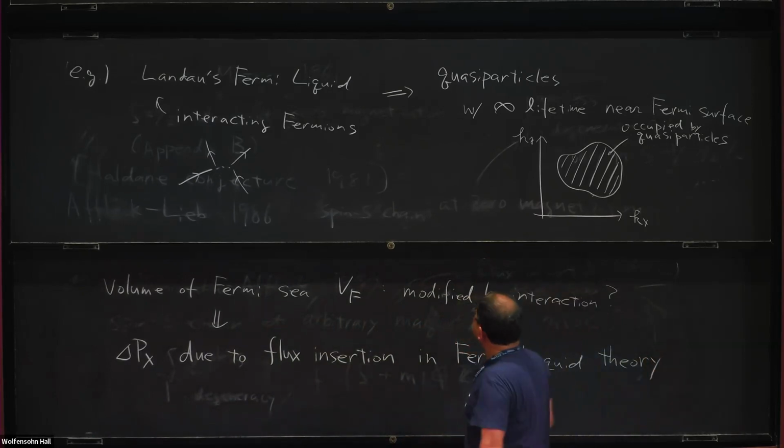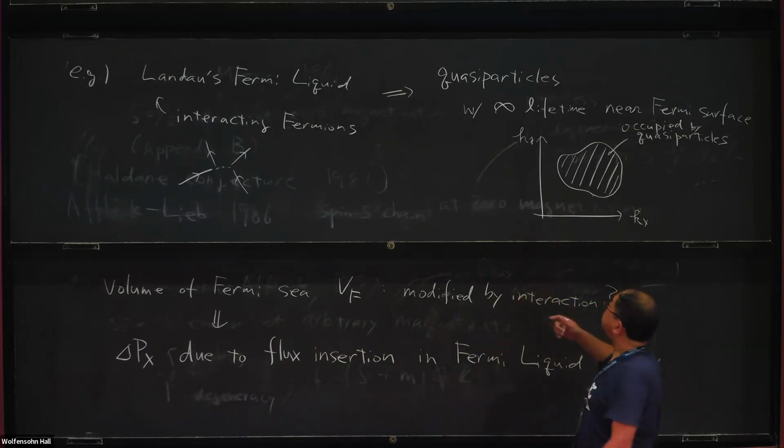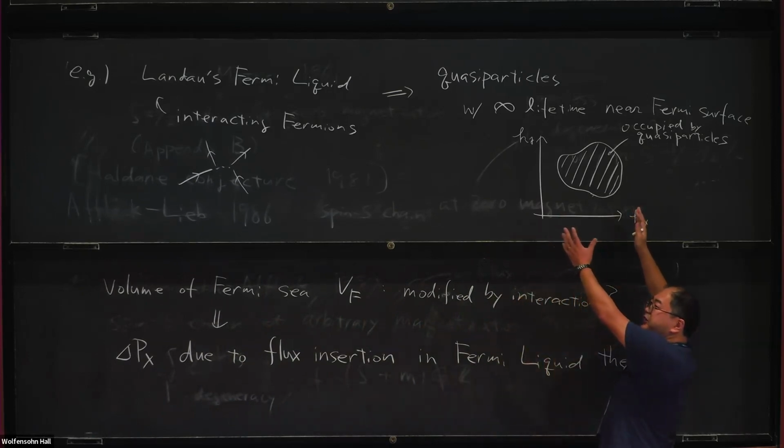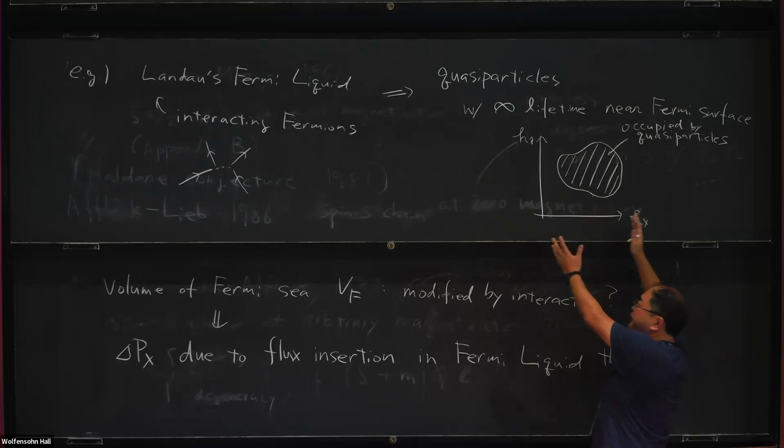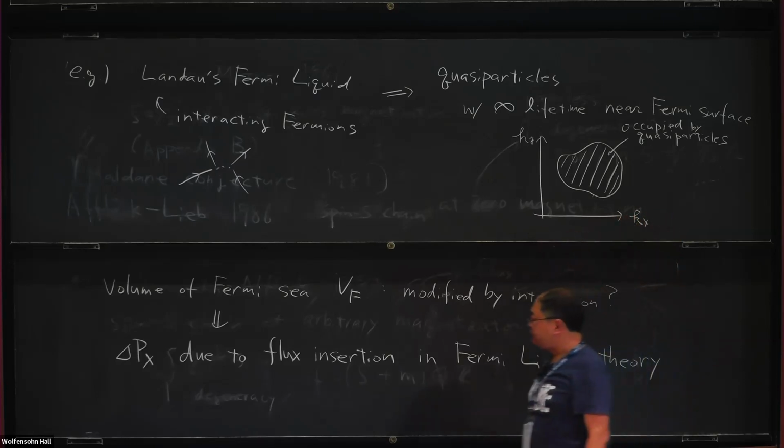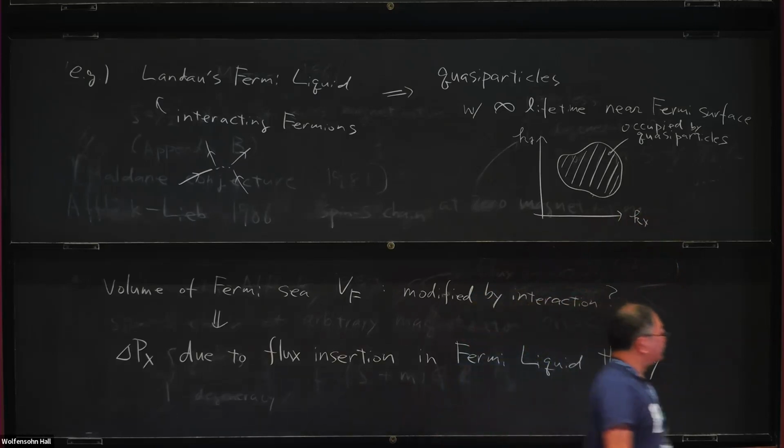And actually, this is kind of easy to calculate because if you insert a flux, every single particle state is shifted by momentum 2 pi over Lx to the right. So the entire Fermi sea shifts by 2 pi over Lx.